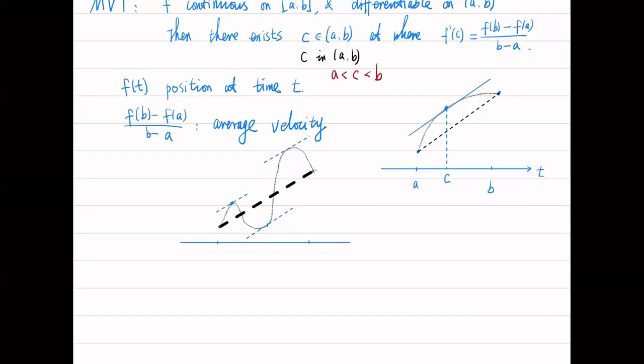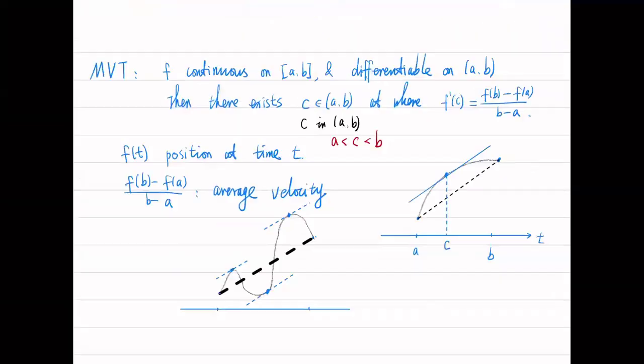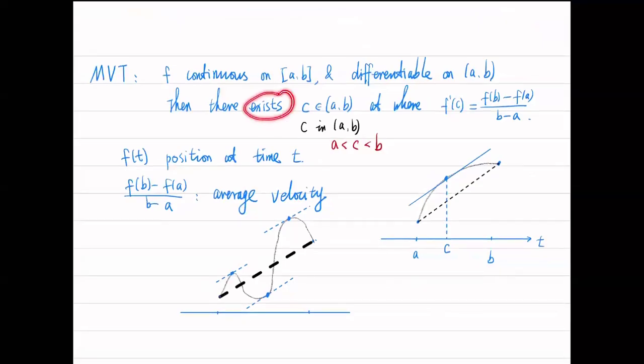Now for this function, we found three moments where the slope of the tangent line equals the slope of this total displacement. Now we can see the theorem tells us there exists some point, but there could be exactly one or more than one. The theorem guarantees the existence.